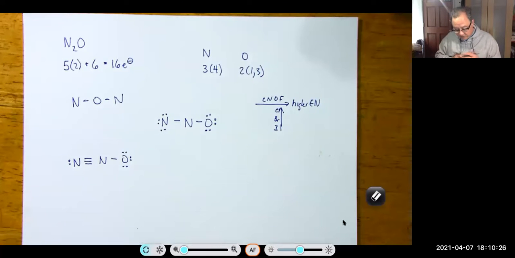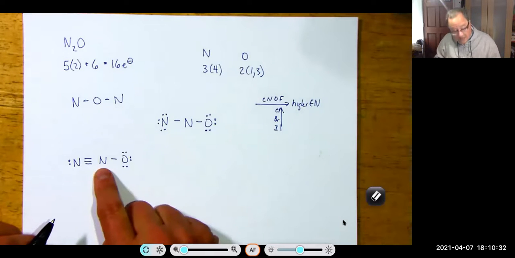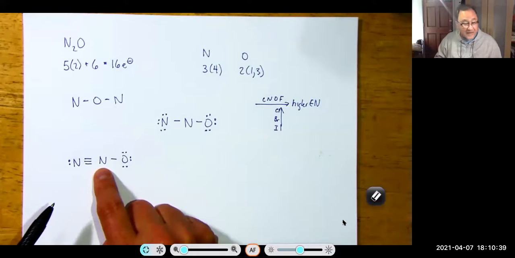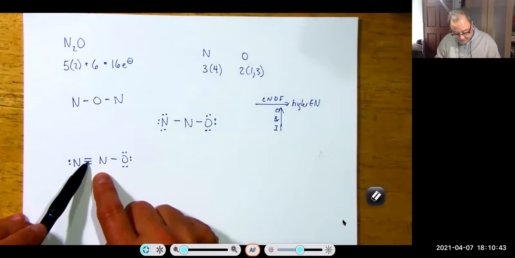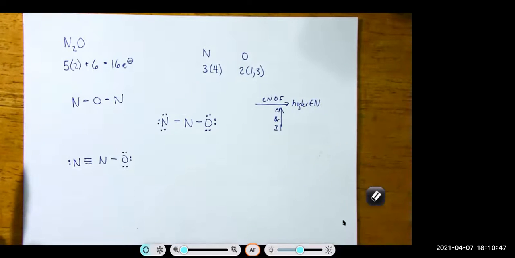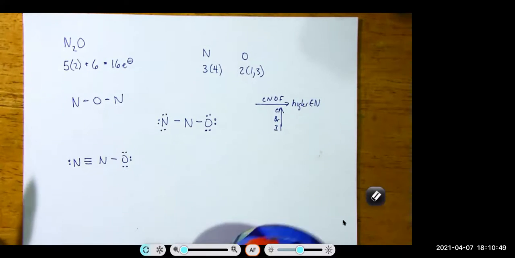So the question here is, why did I turn 2 lone pairs into bonds? And the answer is, so I could end up getting an octet on the nitrogen in the middle. Now this nitrogen has 8 electrons, 2, 4, 6, 8.